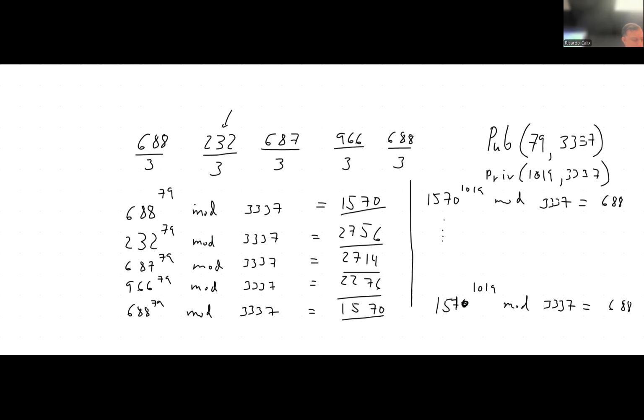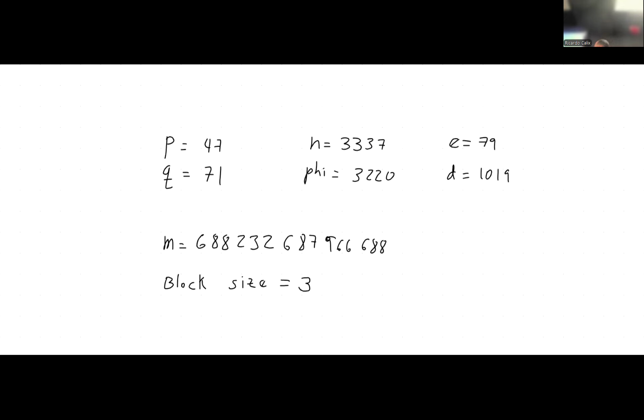All right, so there's basically that idea to be able to encrypt a message. So in the previous example, I was trying to encrypt this message, which is this sequence of numbers, which I assume I could create by taking the letters and converting them into ASCII.